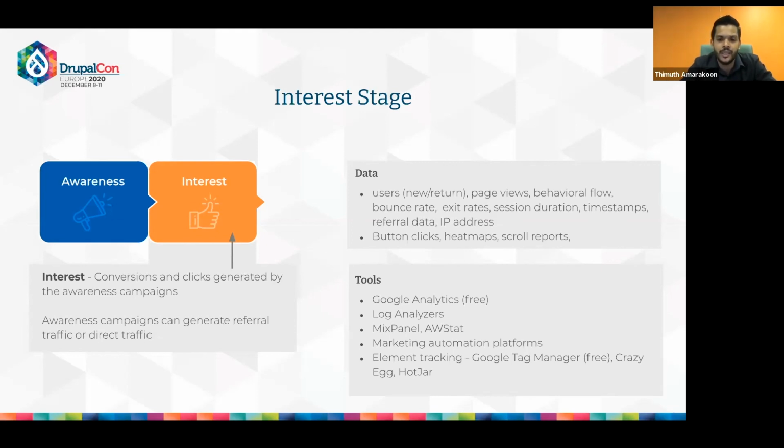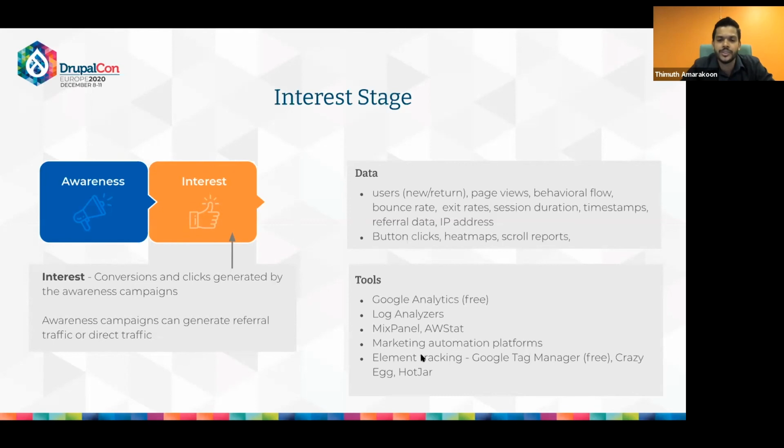And the other thing is when they come into your website and view your web pages, they might be clicking on elements like buttons, or they may be scrolling your page. So you can collect data like heat maps or scroll reports to identify how your pages are performing.